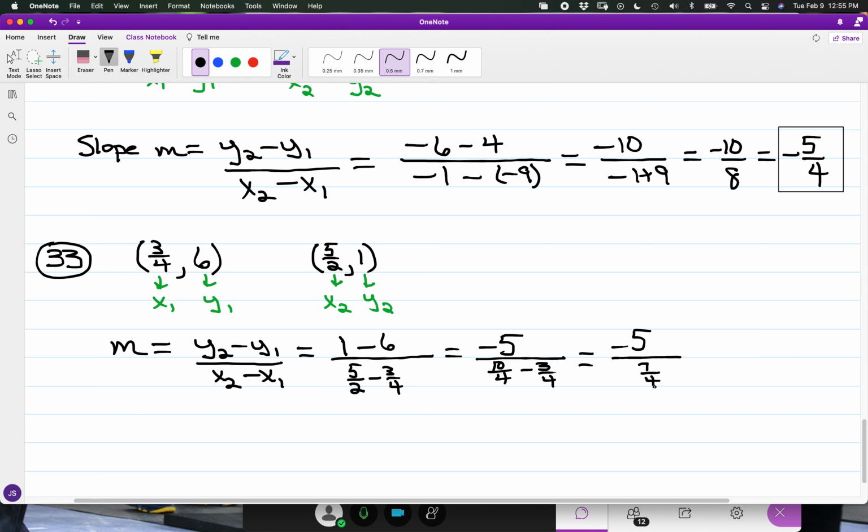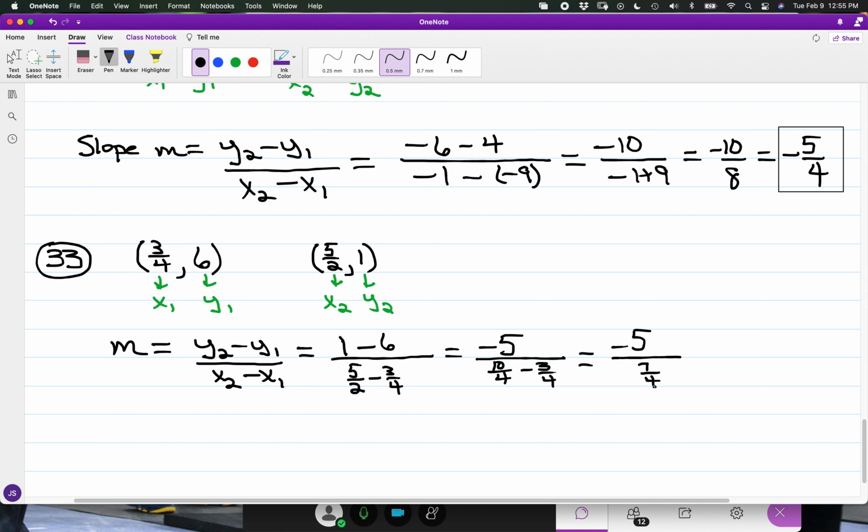Now we have a complex fraction. If you're dividing by a fraction, you multiply by the fraction's reciprocal. So we have -5 divided by 7/4. If I undo the division, I remove 7/4 from the bottom and flip it.